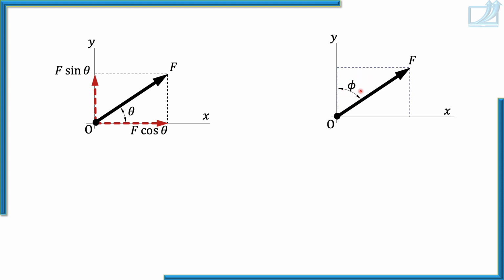So when you are using the angle with the y-axis, then the y component is the cos component and the x component is the sin component. So now here the y component is the cos component. Here adjacent to the angle is the x component, and that is the cos component. Here adjacent to the angle phi is the cos component, and this component is the sin component.